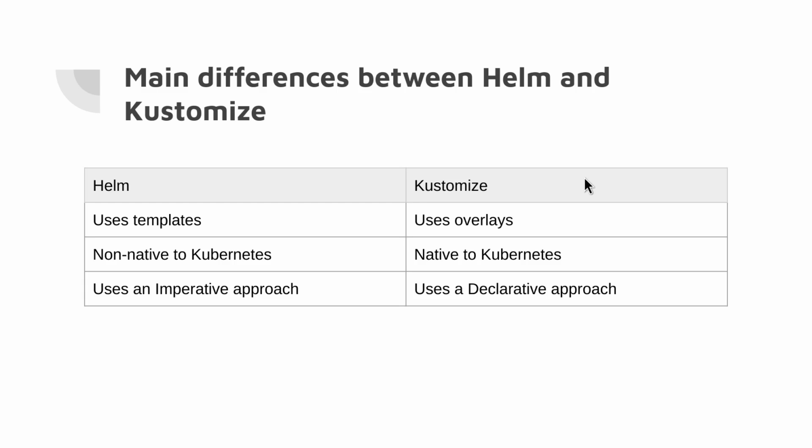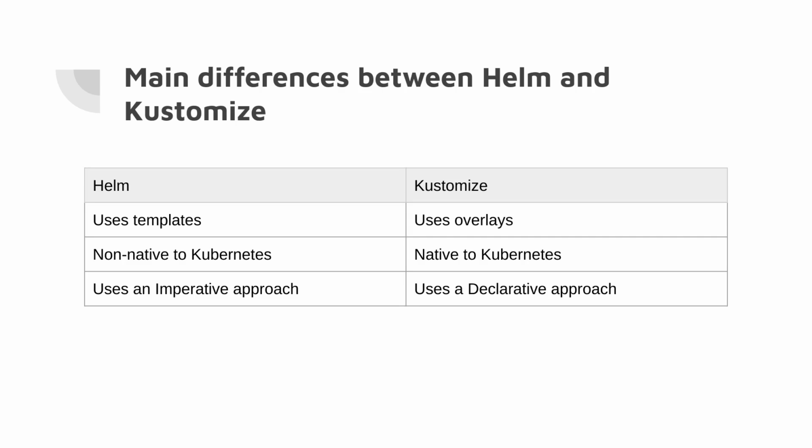Here are the main differences between Helm and Kustomize. For Helm, it uses templates, but for Kustomize, the approach is using overlays. Helm is non-native to Kubernetes, meaning that Helm binary is not included in the OC or kubectl command, but Kustomize is.